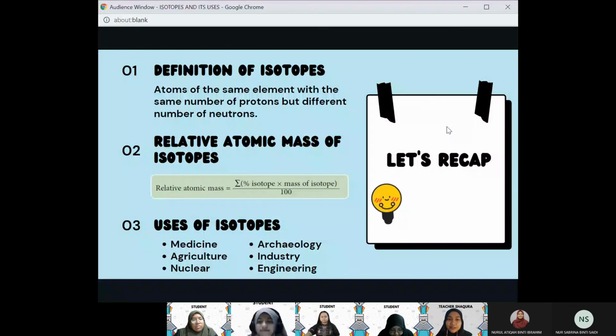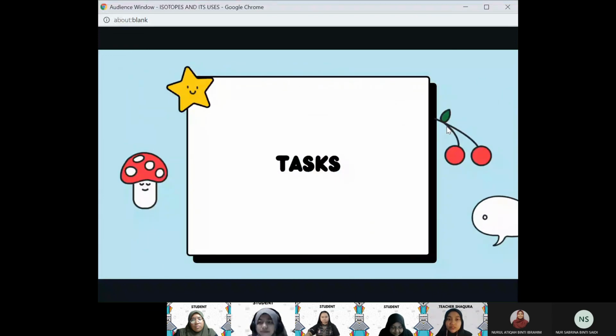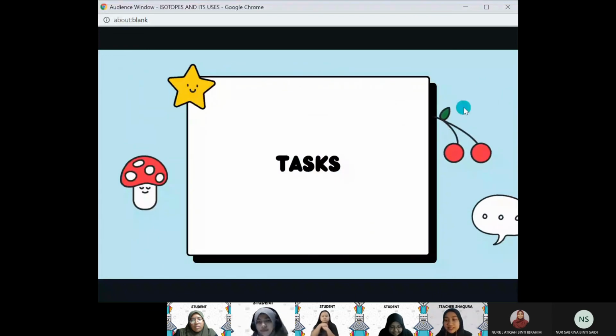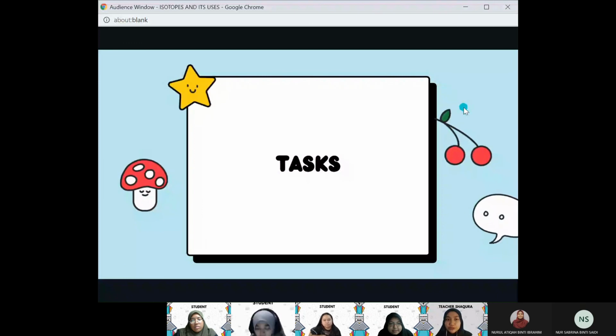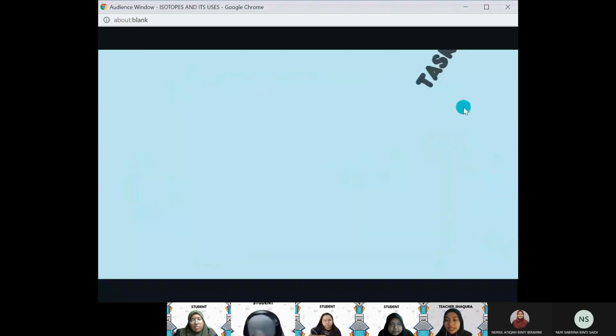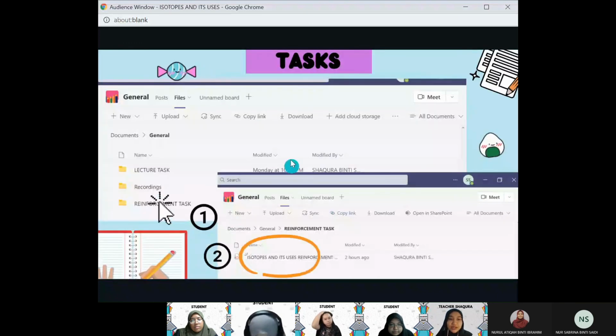Good. Okay. So before we end our class, I would like to share another task for you to do outside the class. Under the files, there is a reinforcement task folder.